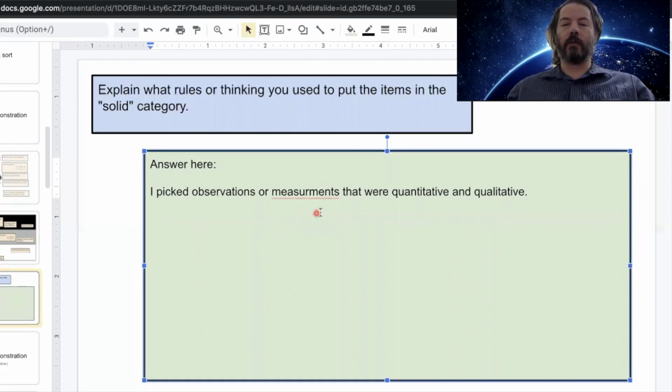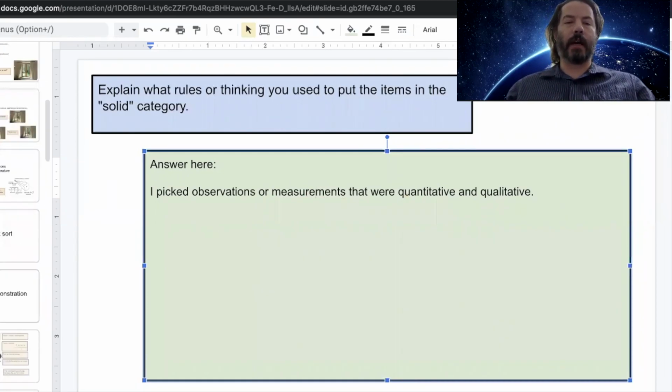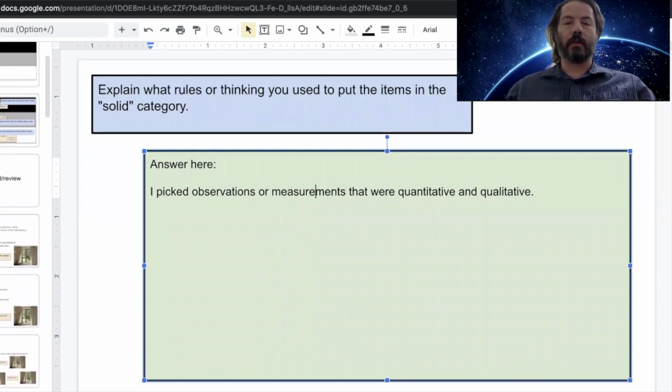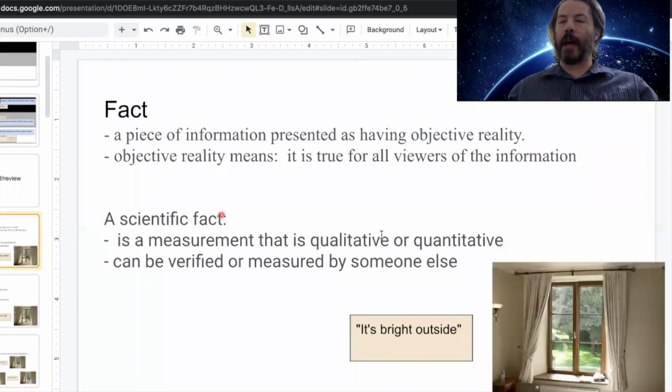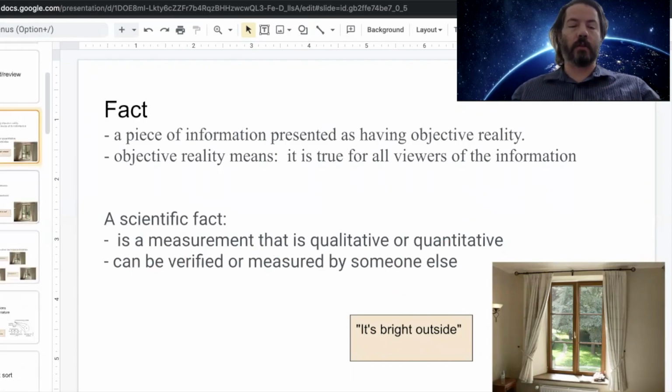Notice what I'm doing here when I write this. When I write this, I'm actually using the definition of my fact to help me explain why I picked it. So it's a measurement that is qualitative or quantitative. So it has a number, or it's a comparison, or has some kind of value or description to it. Okay, can be verified or measured by someone else.